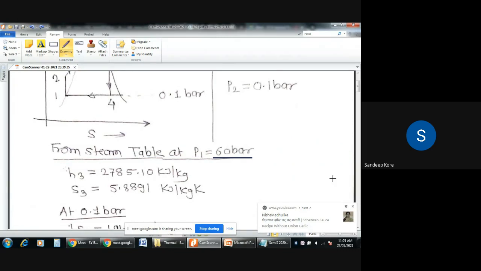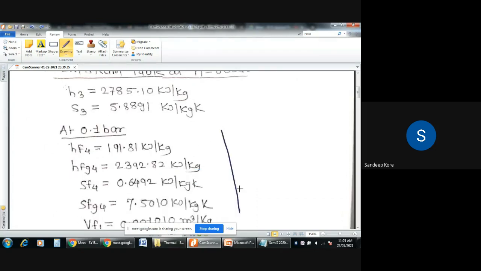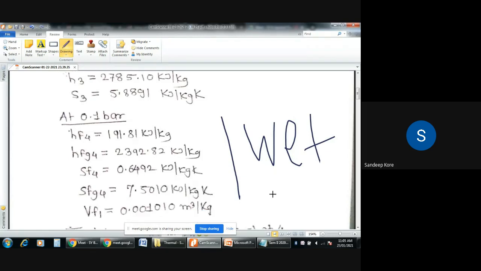Now we'll go to the next pressure, that is 0.1 bar, the condenser pressure. At condenser pressure, we have to note down a lot of data, because the steam is going to become wet. Dry steam से हमने heat निकाल ली, so it is going to become wet. So at 0.1 bar, we note sensible heat HF, latent heat HFG, entropy SF, latent entropy SFG, and volume VF.